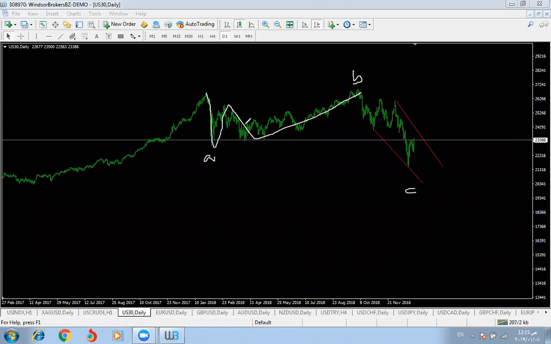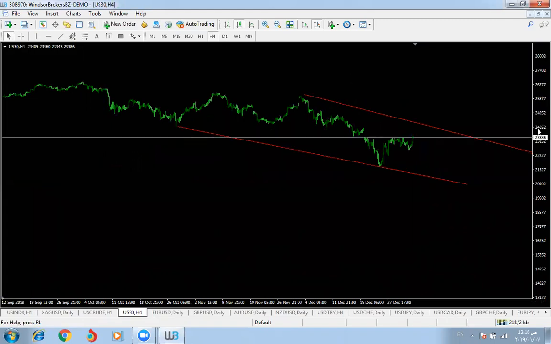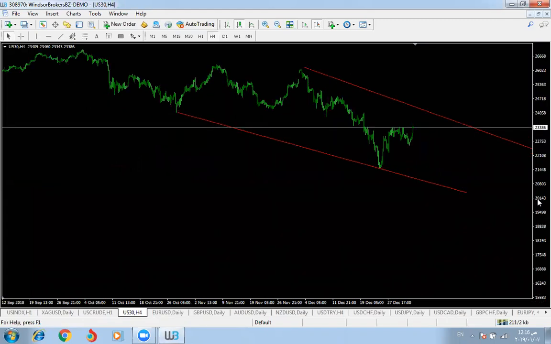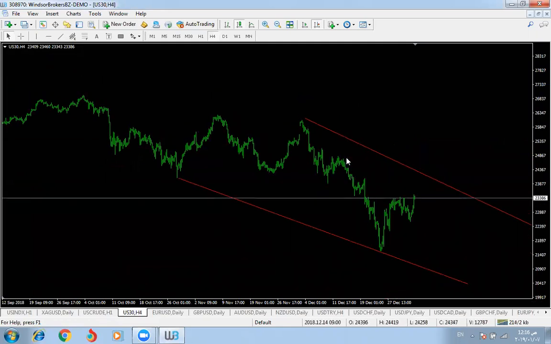So wave A is ABC in the form of two waves. Wave B has gone beyond the top of where wave A started, and we have to see 5 waves right there. We have to go to the 4-hour time frame and tell you what we are expecting from the price.